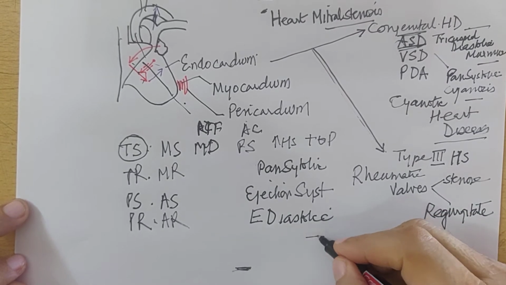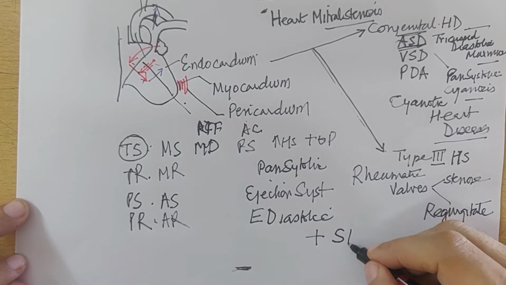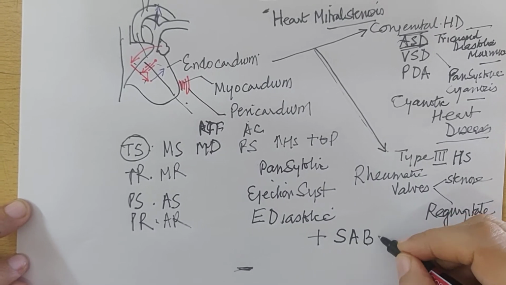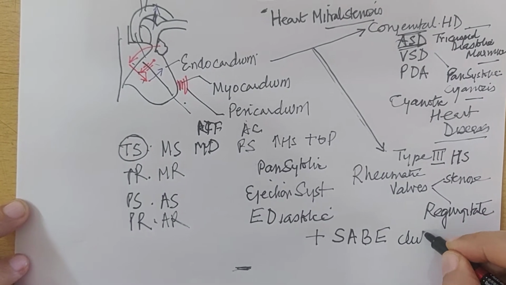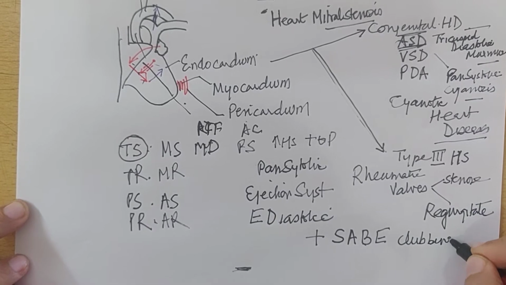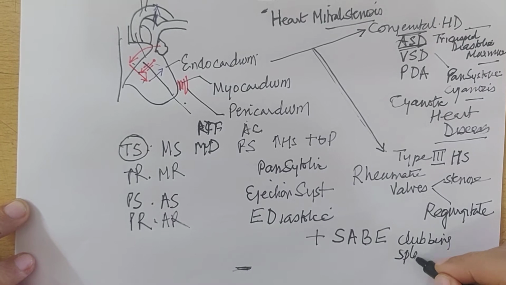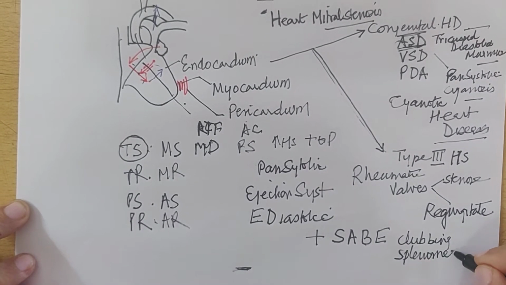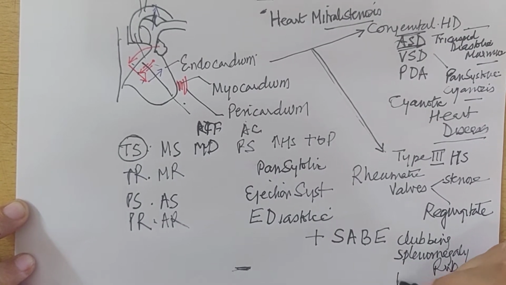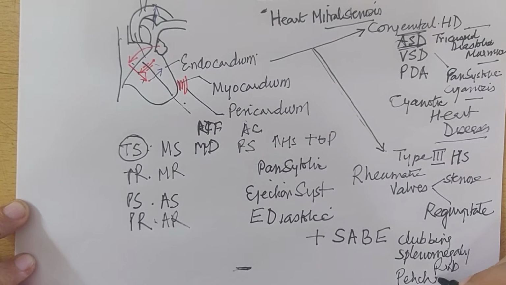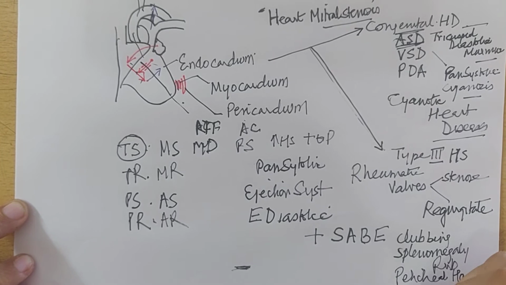and along with this, the complication of a diseased endocardium can be subacute bacterial endocarditis, which presents with 4 physical signs: clubbing, splenomegaly, tender splenomegaly with rub, petechial hemorrhage, especially in retina conjunctiva, and microscopic hematuria.